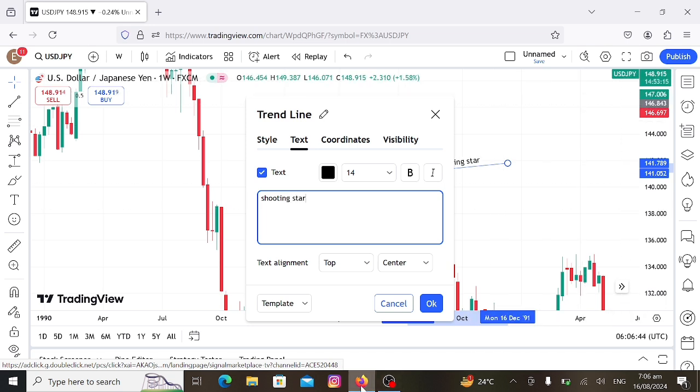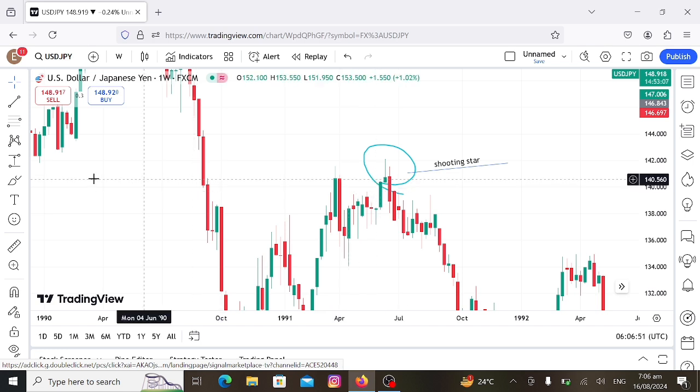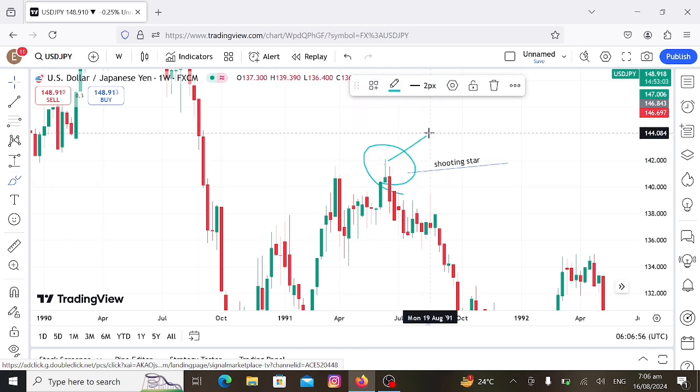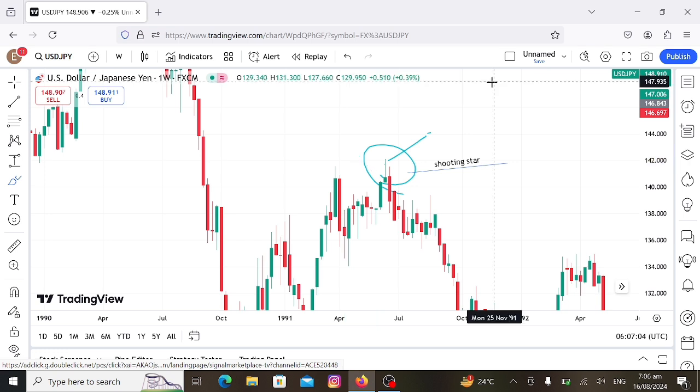I find a shooting star in this angle. This is it. Let me try and fish it out. Shooting star. It looks like a weak candle like this.